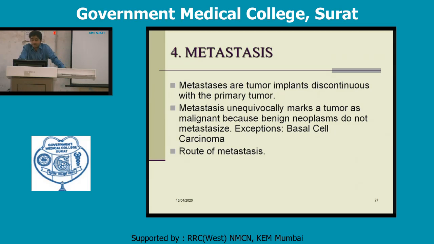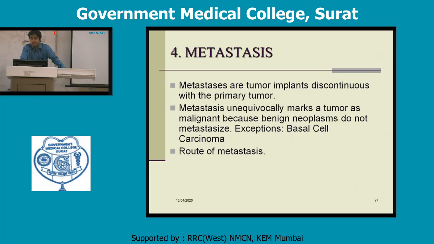There are many routes. In general, sarcoma metastasizes through hematogenous or blood vessel routes, while carcinoma metastasizes through lymphatic routes. For example, carcinoma breast is a carcinoma which spreads through lymphatic channels. So while we are dealing with this carcinoma breast patient, we have to examine all the nearby lymph nodes like internal mammary, axillary, supraclavicular.